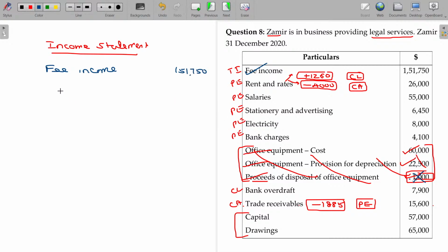And all the others are P&L section expenses only. Rent and rates, the value being 26,000. Add 1,260 minus 4,000. I incorporated these two. So 26,000 minus 4,000 plus 1,260 is 23,260. Salaries 55,000.